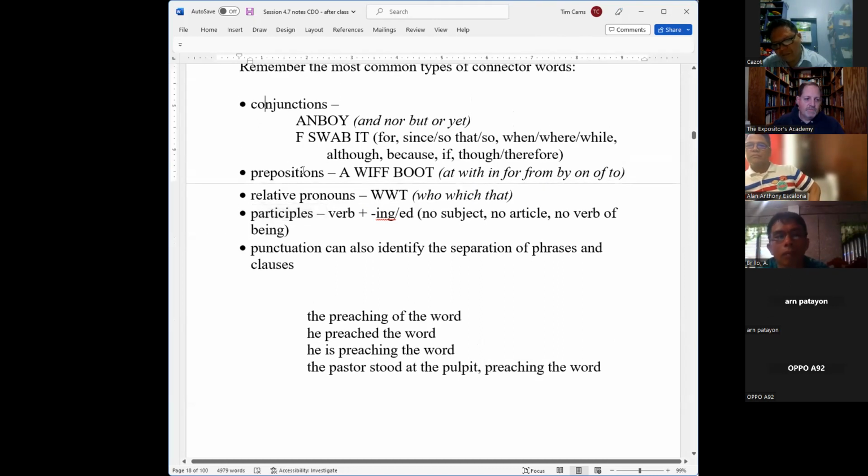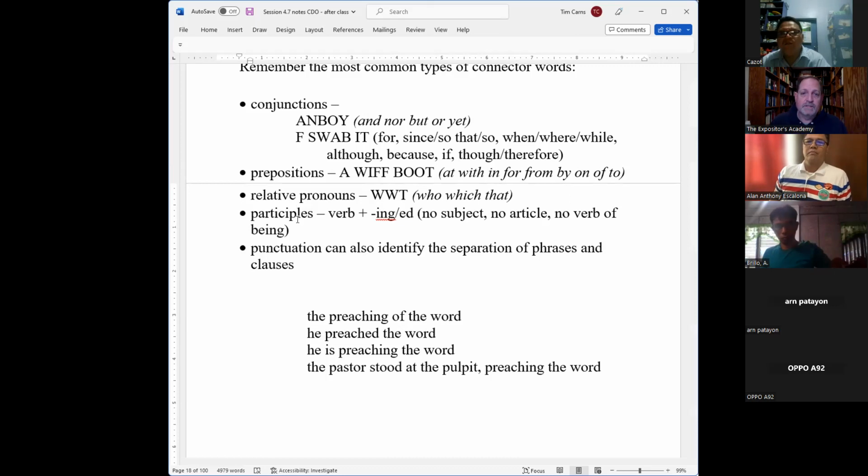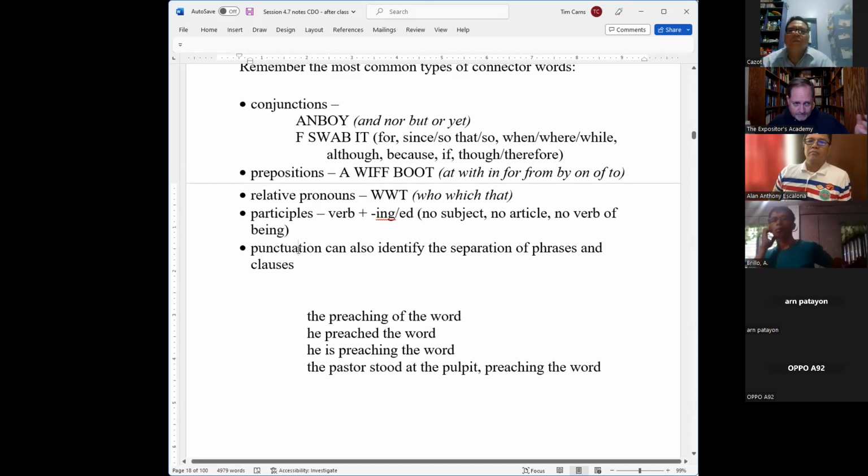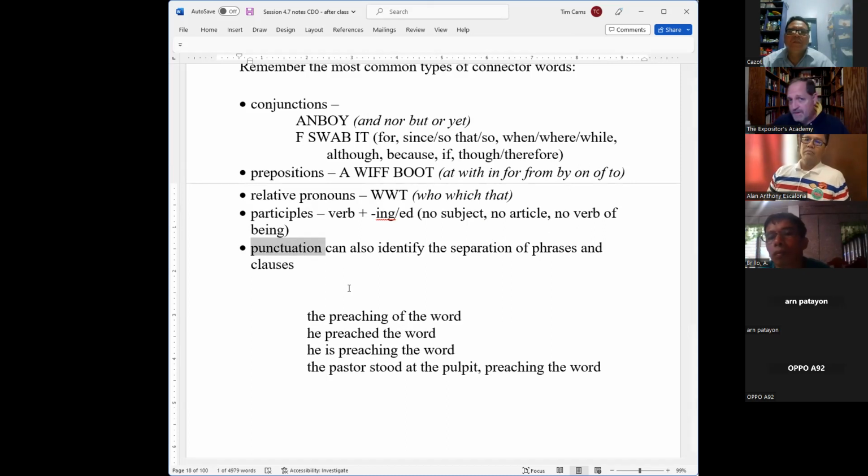So the conjunctions, prepositions, relative pronouns, and participles, those are all the connector words, which identify for us each phrase and clause. Sometimes you may not see a connector word, but the translation may use a punctuation mark like a comma or a period or a semicolon or a dash to indicate a different phrase or clause.